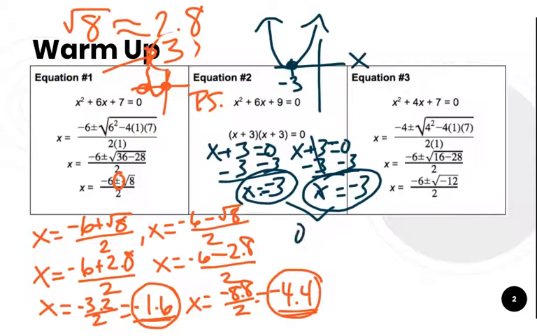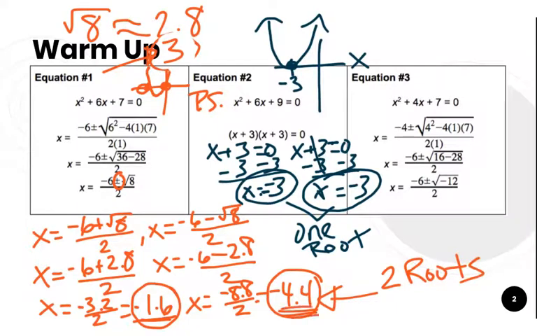So this only has one solution or one root, whereas the last one had two roots, or two solutions. Okay, so for equation number 2, that would be graph number 2.